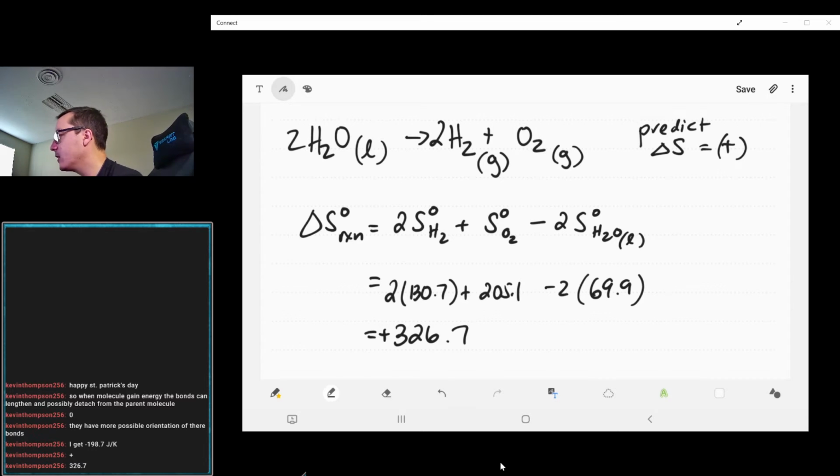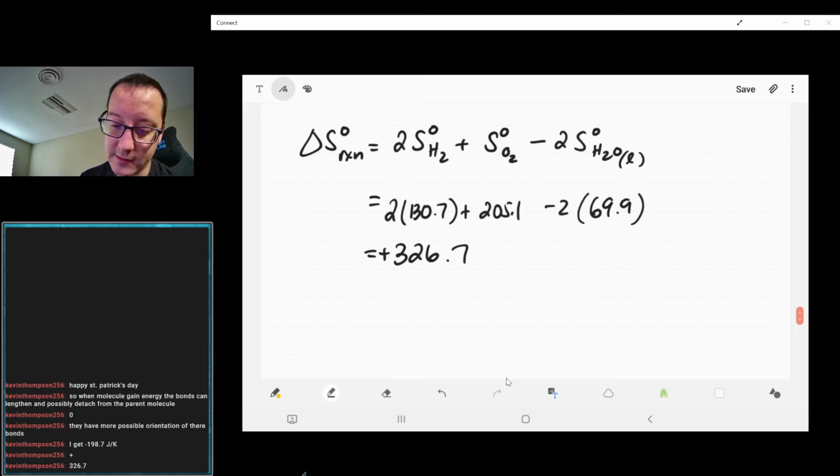Alrighty. So with that in mind, if we go ahead and compare some of these things, let's do the delta H reaction for the ammonia.